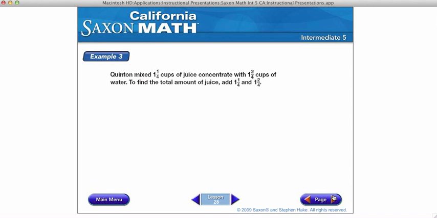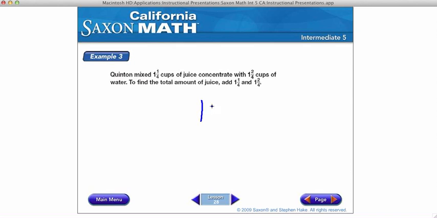Okay, now we get a little trickier. Quentin mixed 1 1/4 cups of juice concentrate with 1 2/4 cups of water. To find the total amount of juice, add 1 1/4 and 1 2/4. So when you add fractions, I want you to add them vertically.